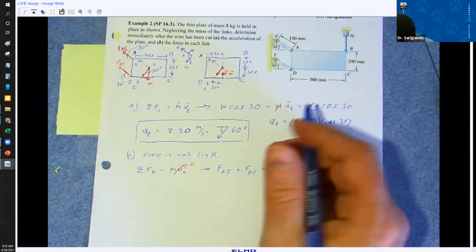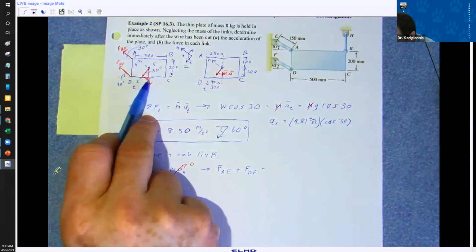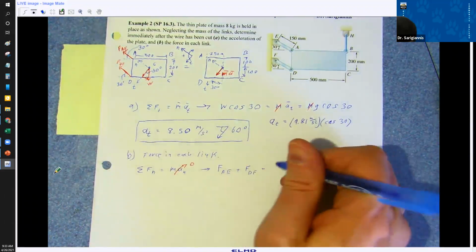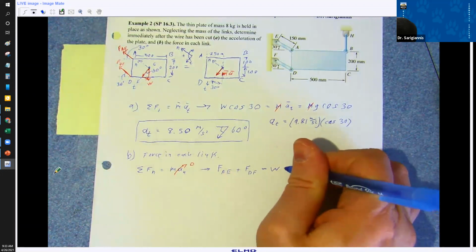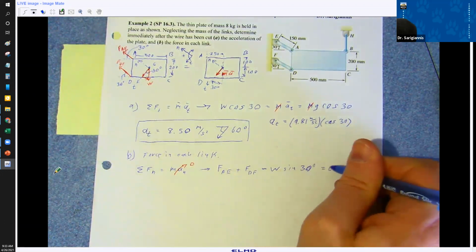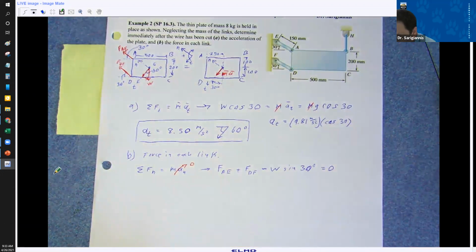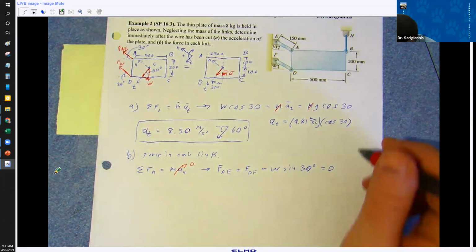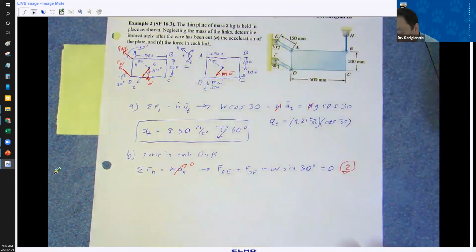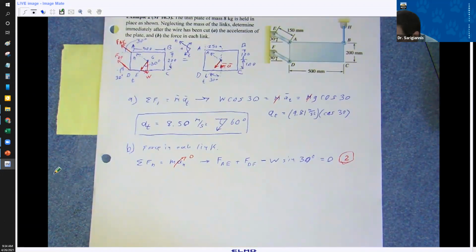And then we've got the weight. So the normal component of weight is going to be negative W sine 30, right? I'm just going to number this equation 2. And we'll hold on to this in the background.